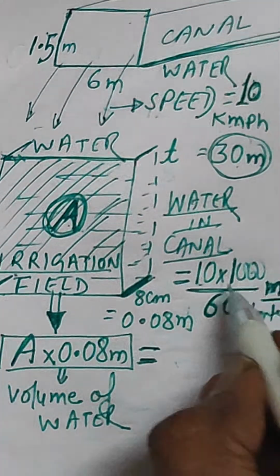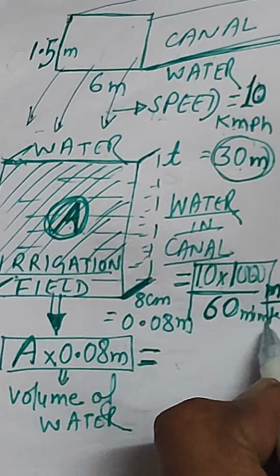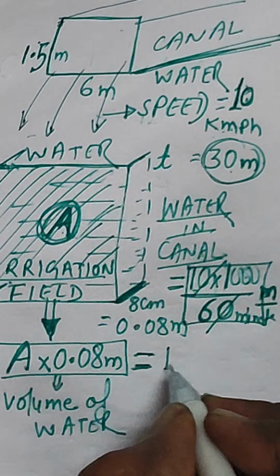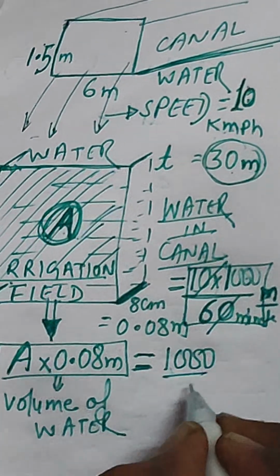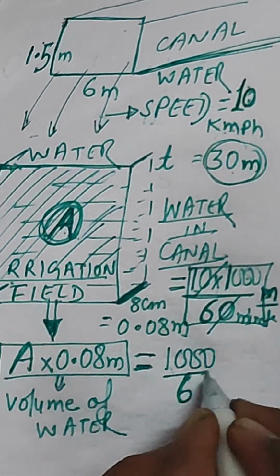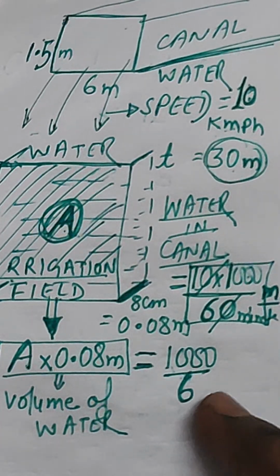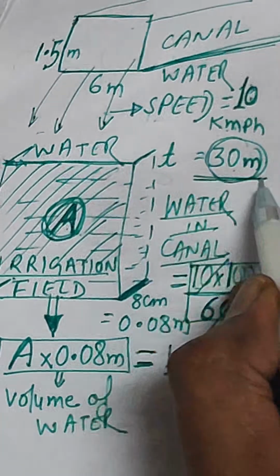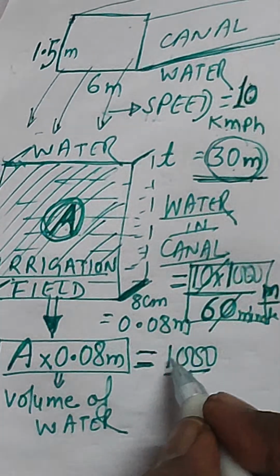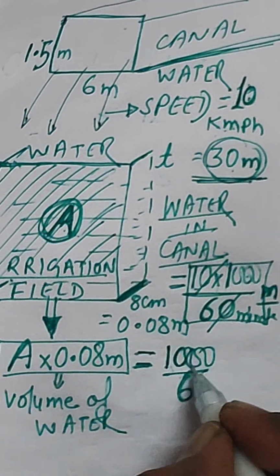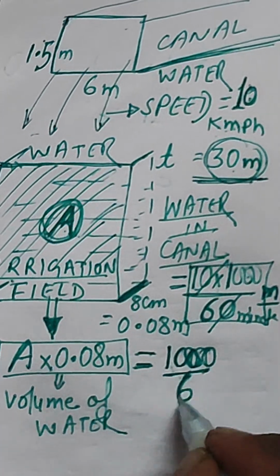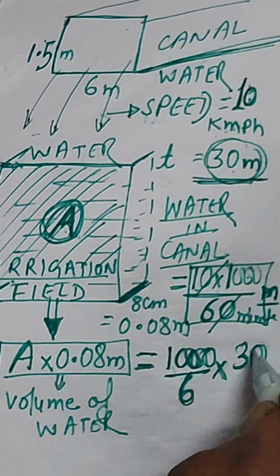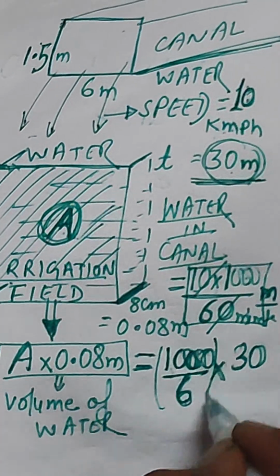This is the water flowing per minute. The zeros can be cancelled out, so we can say 1000 by 6 meter of water per minute will be flowing in the canal, and this water needs to be calculated for 30 minutes. So 1000 by 6 meter of water multiplied by 30 minutes, because this is the water for 1 minute.